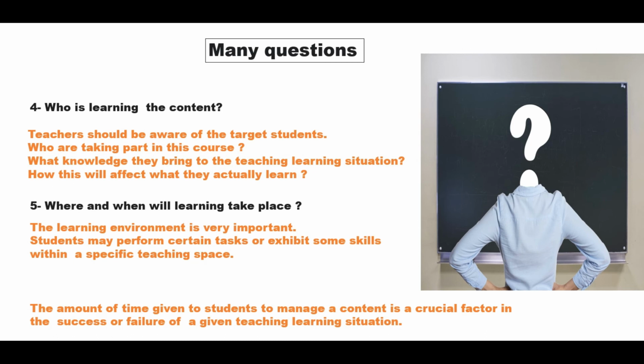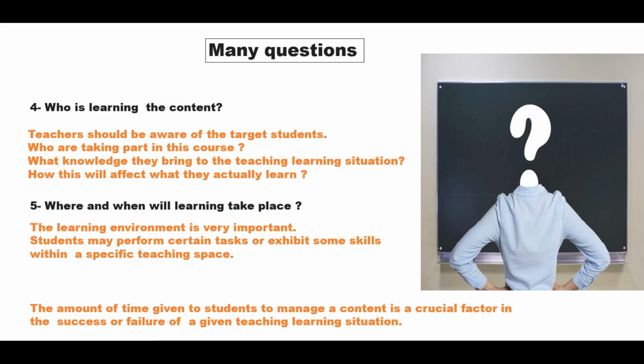Who is learning the content? Teachers should be aware of the target students who are taking part in this course, what knowledge they bring to the teaching learning situation, how this will affect what they actually learn, where and when will learning take place.